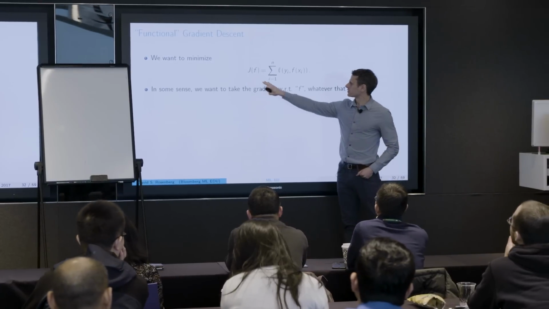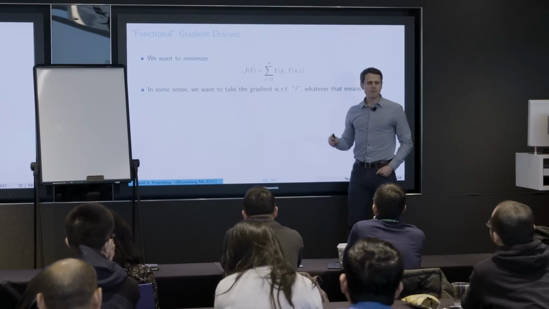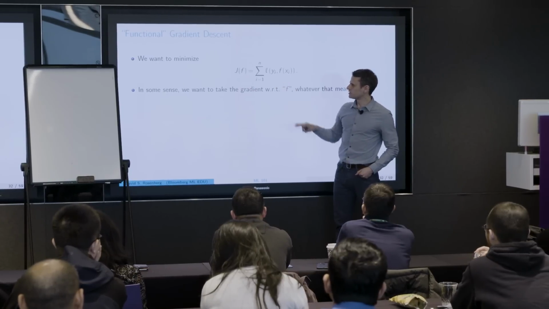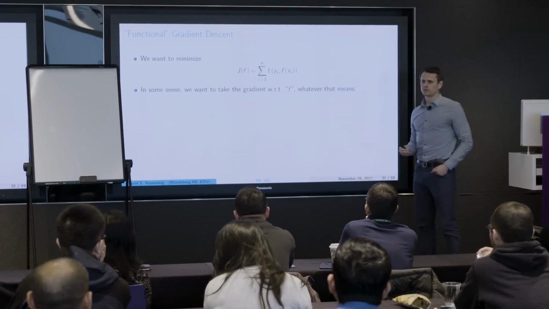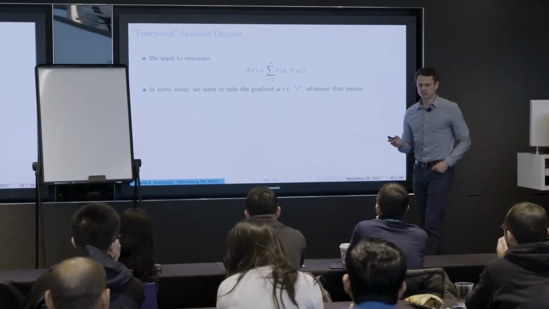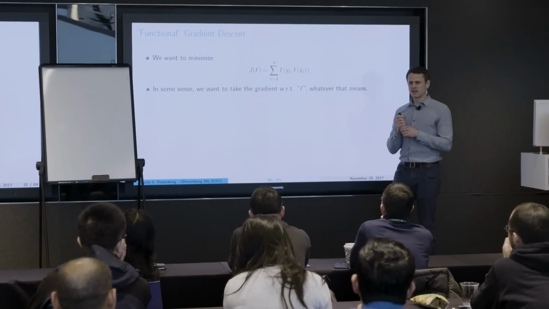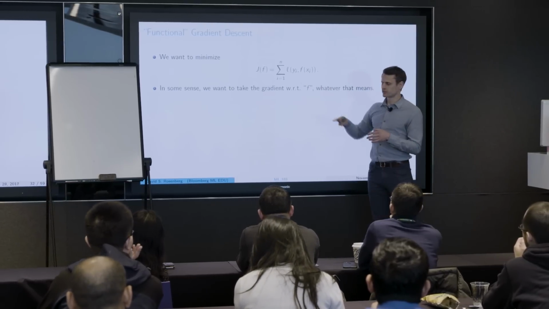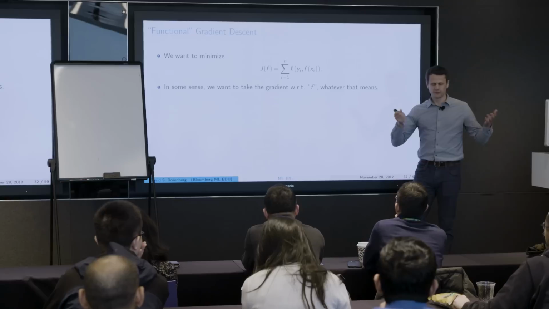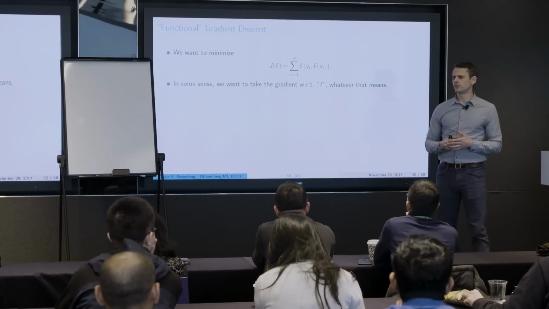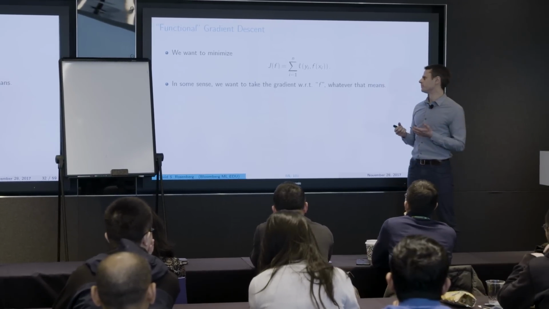So here we have an objective function. We've written it back in terms of just the prediction function f. So this is the total loss on the training data. And if we wanted to kind of do a local method, it's almost like we want to do gradient descent on this function f, like in the function space, which feels complicated, but it's kind of the idea of what we want to do.